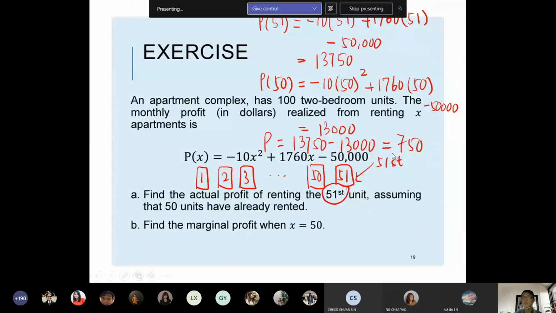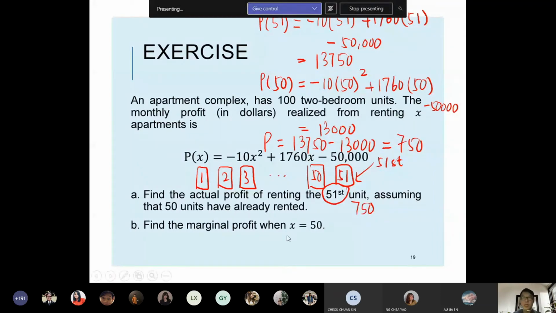We take the profit of renting out a total of 51 units minus the profit for renting out 50 units, so the answer we get here is the profit for renting out the number 51 unit of apartment. Is that okay to you? Yes. All right, thank you. So the answer is 750.